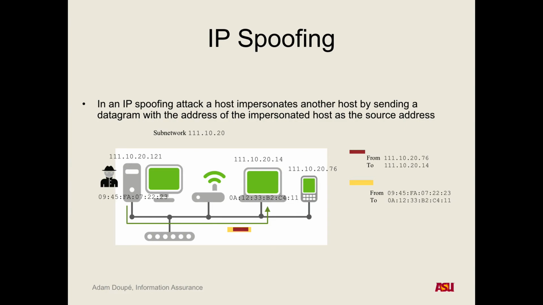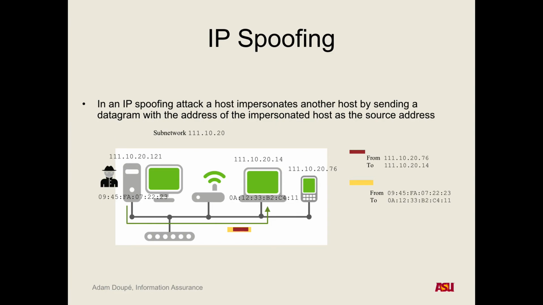So from .14's perspective, it looks like this is a packet that just came from this phone. So here we can impersonate machines on the network and send whatever requests we want.